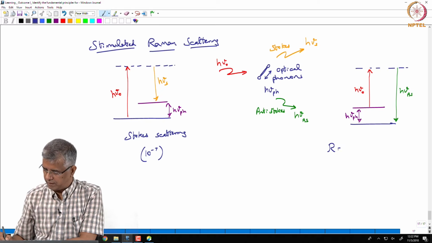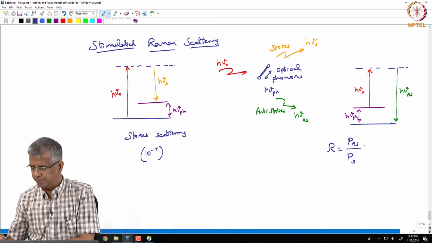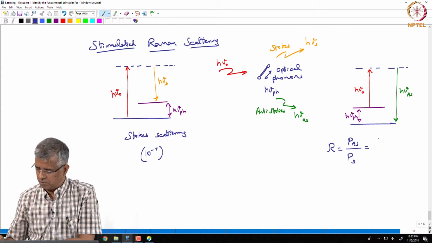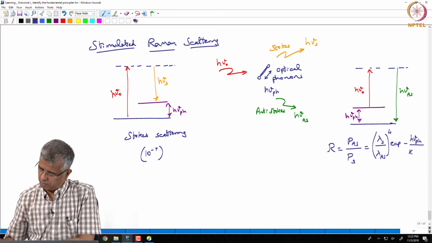Since the scattering is inversely proportional to lambda to the power of 4, the ratio of the anti-Stokes scattered power over the Stokes scattered power can be written as lambda s over lambda as to the power of 4, times exponential minus h nu phonon divided by kBT.